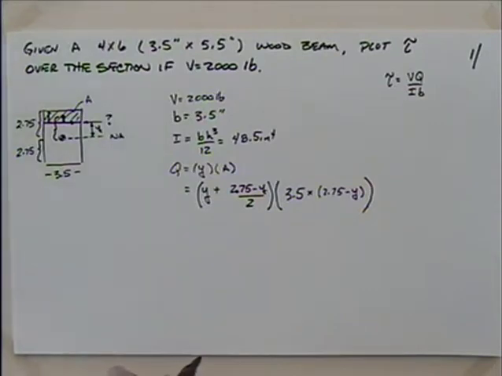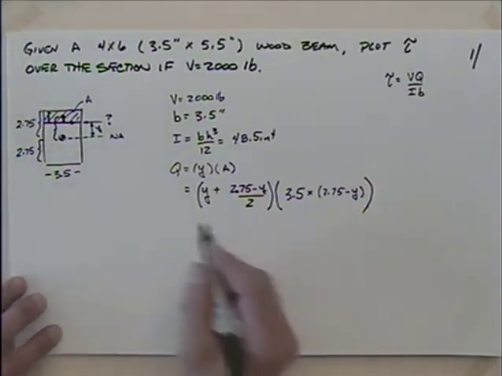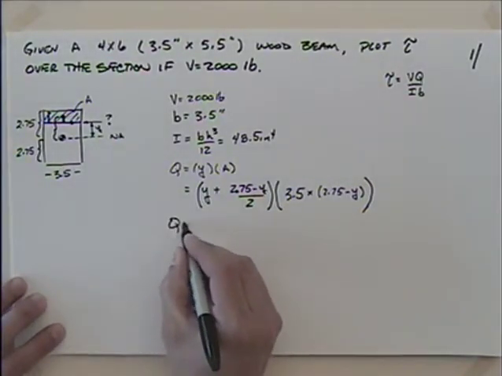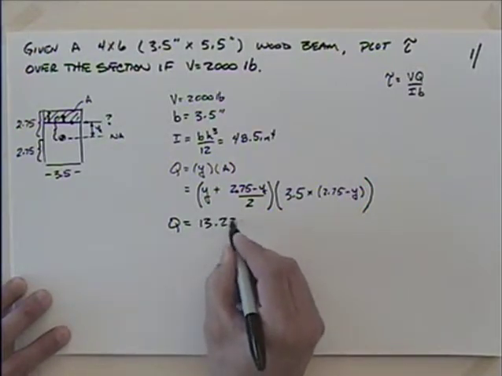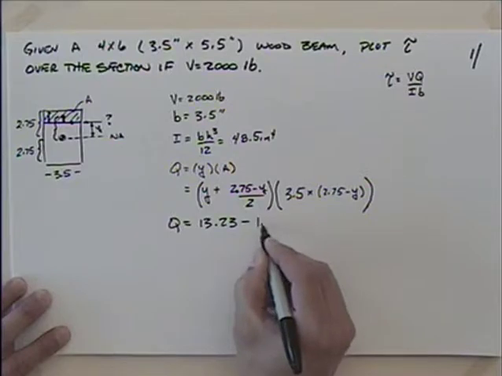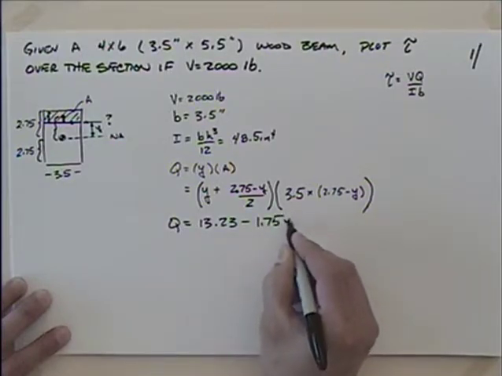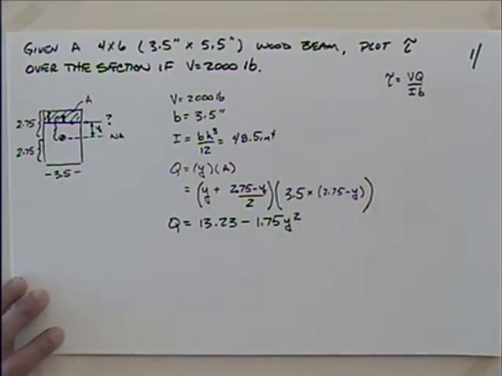So we come up with kind of an awkward second order equation, but if you run through the math on this, you'll find that Q turns out to be 13.23 minus 1.75 y squared. Okay. So we get this second order term out of that.